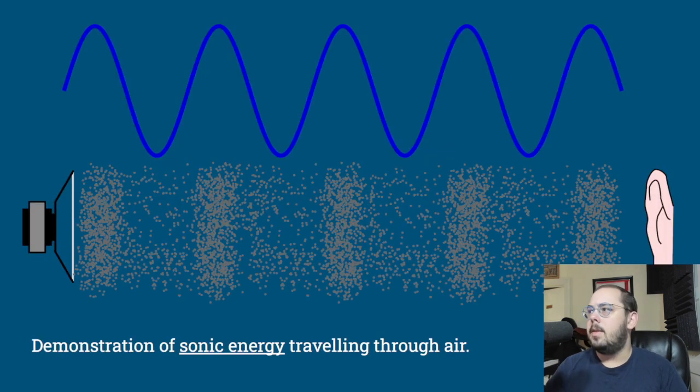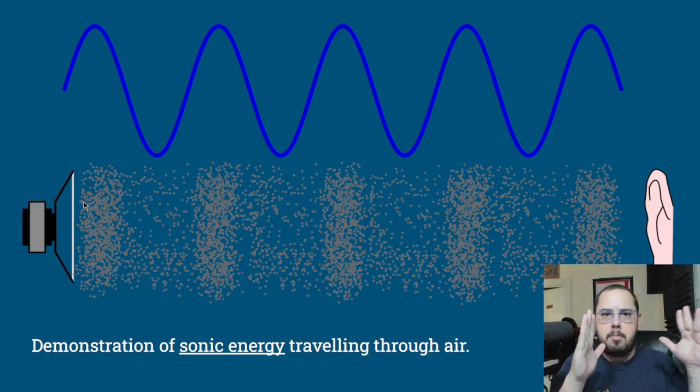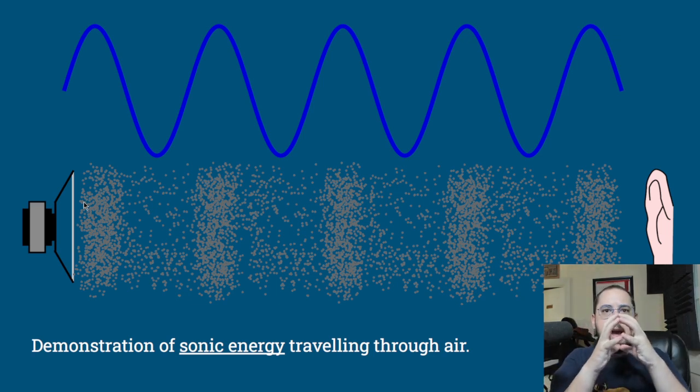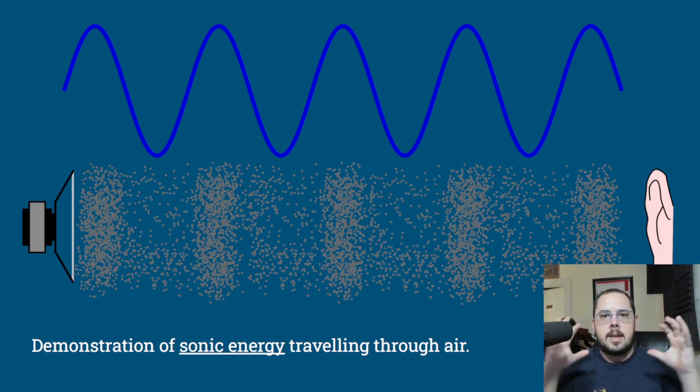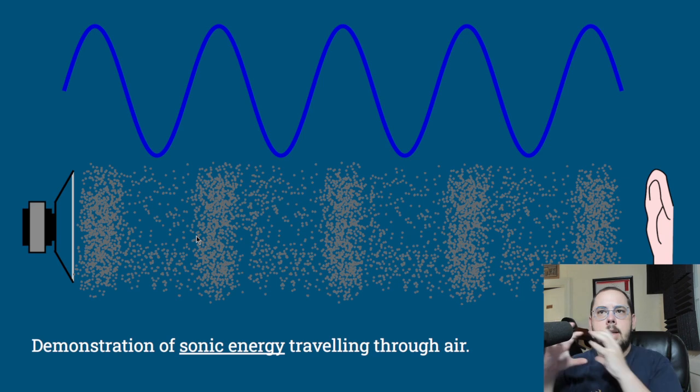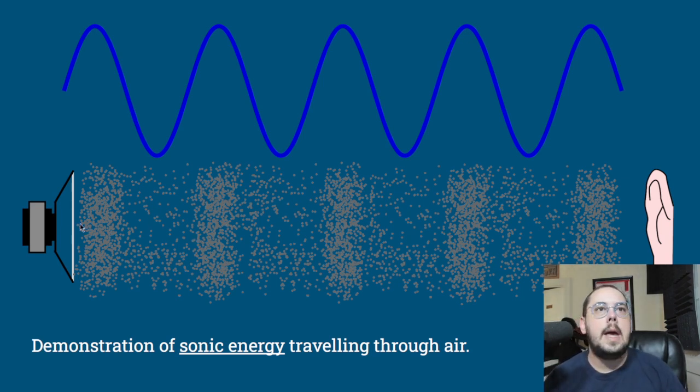Here's a little bit of a diagram to go with that. So you can see here's the speaker, and as that vibrates, that causes the molecules to get pushed, and they bunch up, and then they all spread out, and then that causes the next ones to bunch up and spread out, and so forth, causing these waves of high and low pressure to travel through the air, and that is sound.